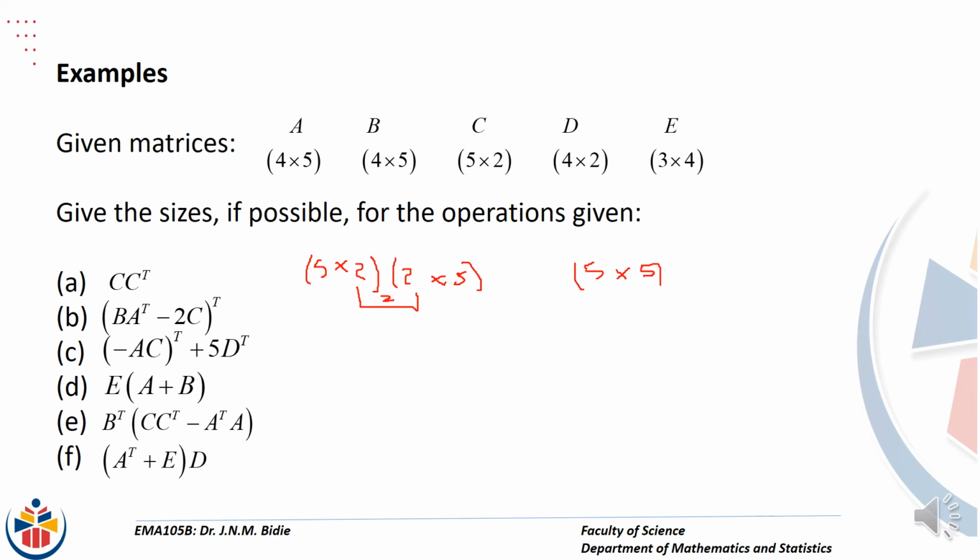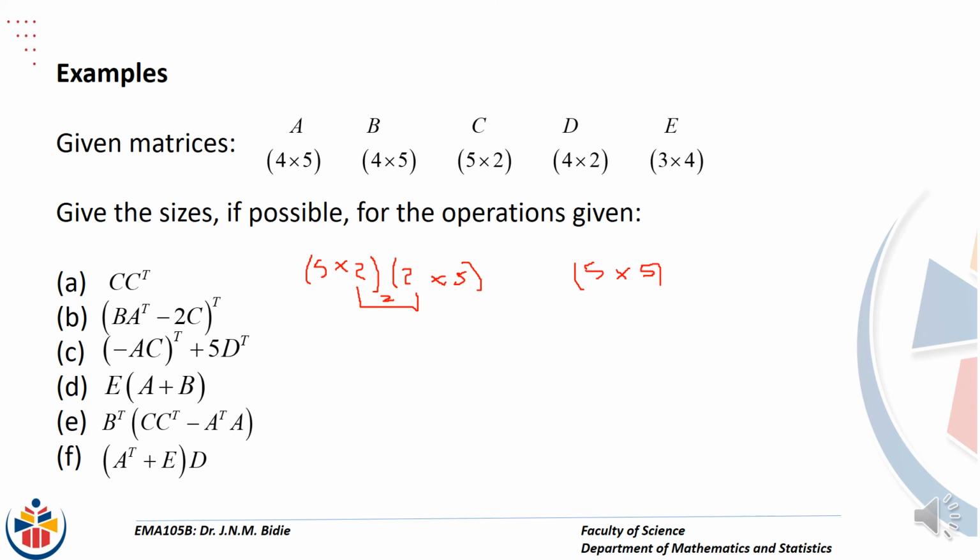So B times A transpose gave us a 4 by 4, minus 2 times C gave us a 5 by 2. So a 4 by 4 matrix minus a 5 by 2 matrix is impossible, because when you subtract two matrices, they must have the same size.